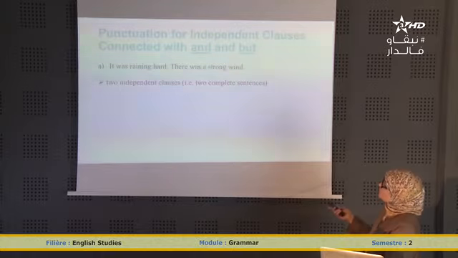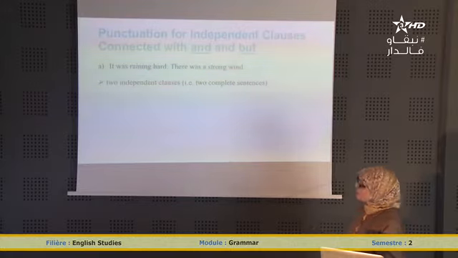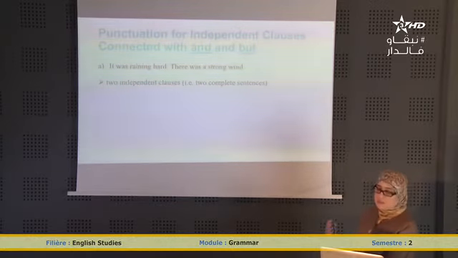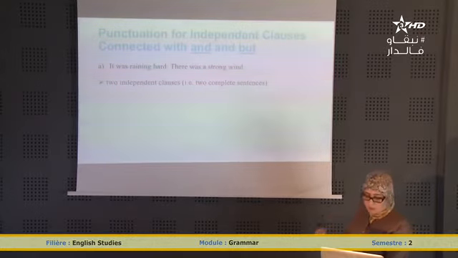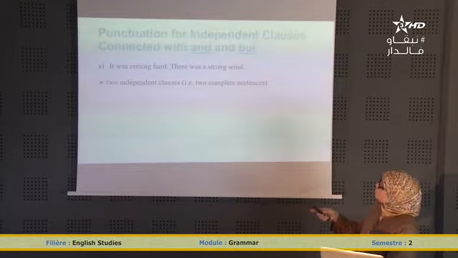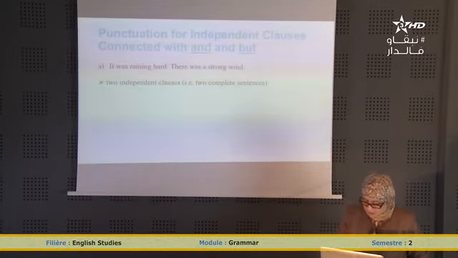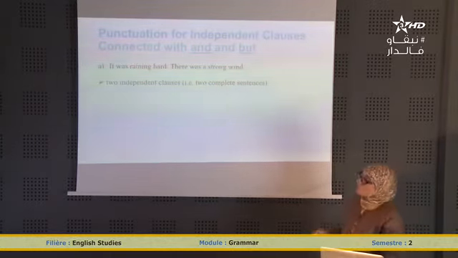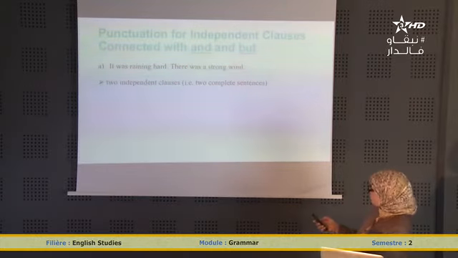Now, you should keep in mind that when we say independent clauses, we are talking about complete sentences, sentences that can stand alone, sentences that don't need another clause in order to have a complete idea. This is something that we should keep in mind, because when we talk about coordinating conjunctions, they are used between two independent clauses.